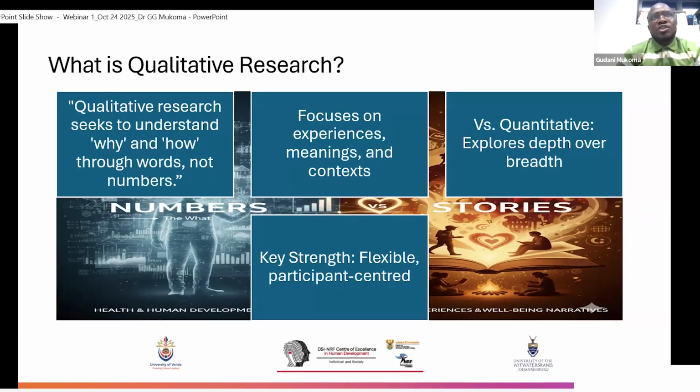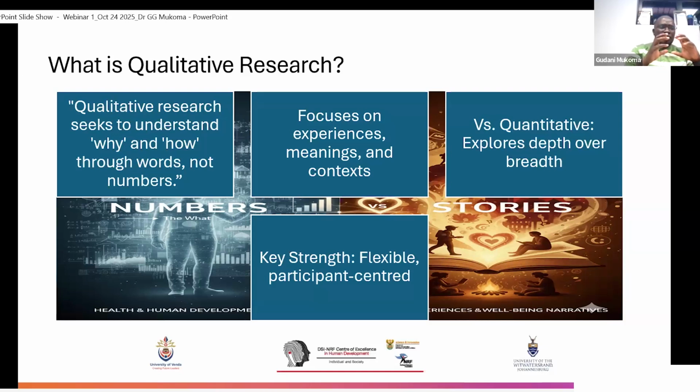The participant has a voice to bring in things organically that arise from the current situation they are experiencing, and as a researcher, you might not necessarily be familiar with that. That's why it's quite useful in understanding how people feel. So these are the things I want you to understand about qualitative research. I want you to take note that it prioritizes depth and richness over breadth. By depth, it means that we are going deeper into understanding why certain things are happening and how they are happening.